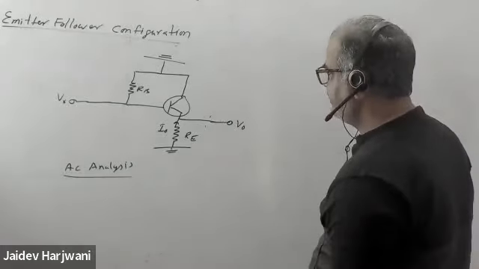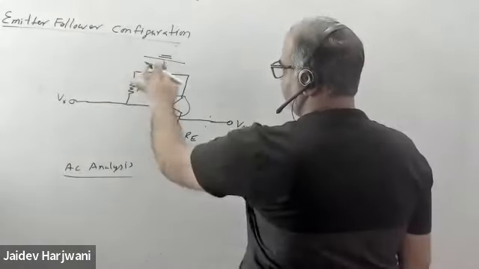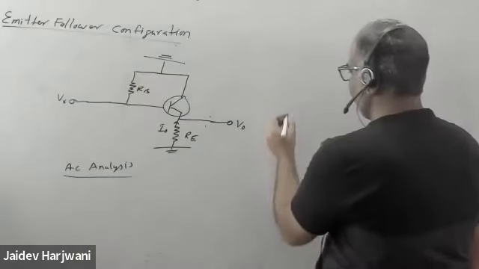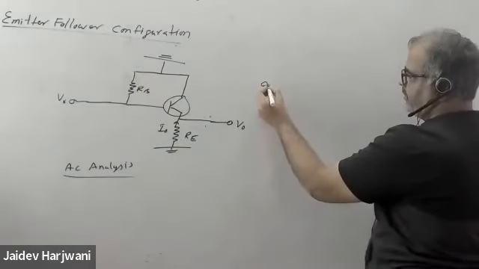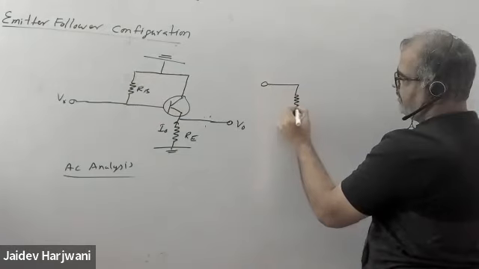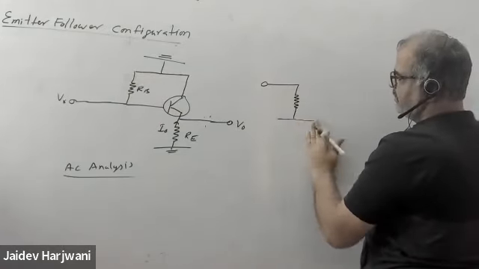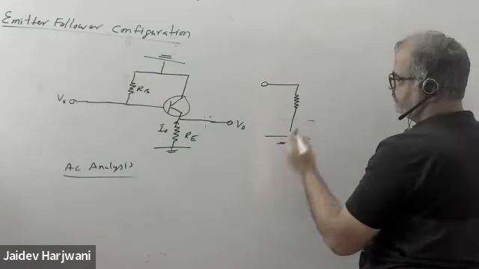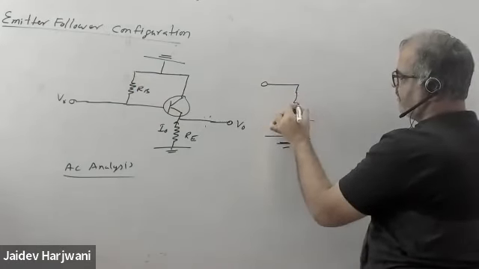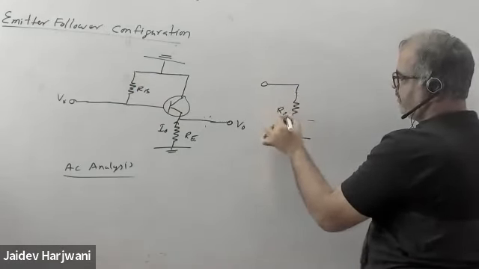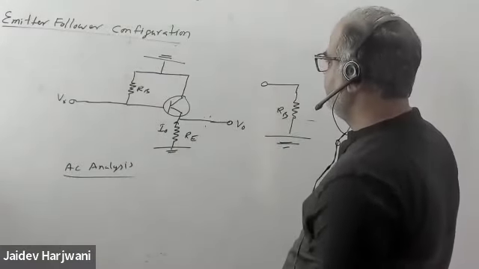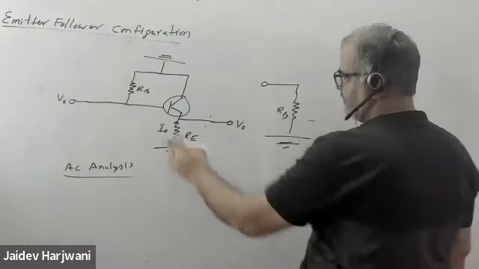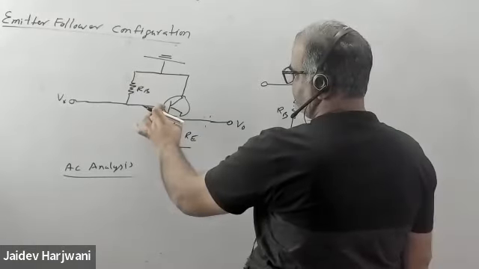So obviously this will become ground. So you have V input and you have RB will be grounded. And then I want to replace this junction by resistance beta re.